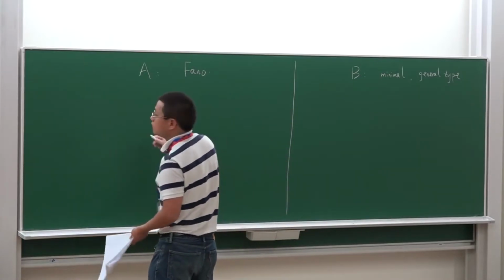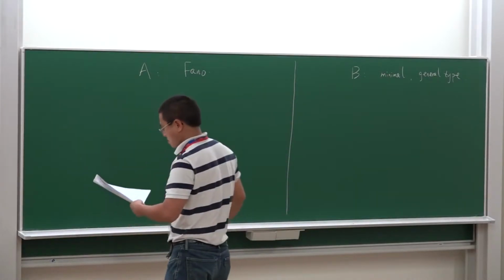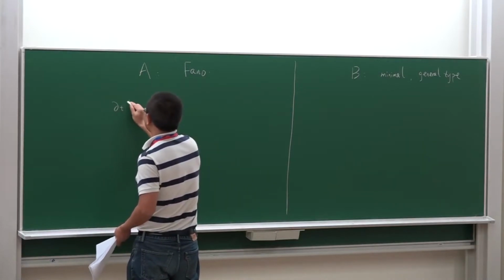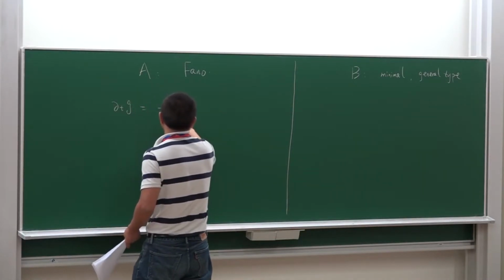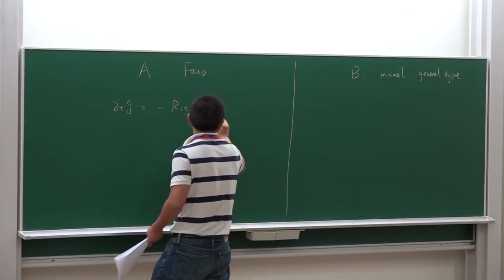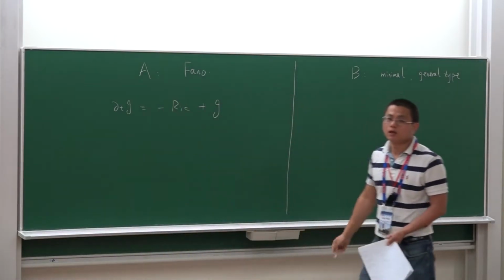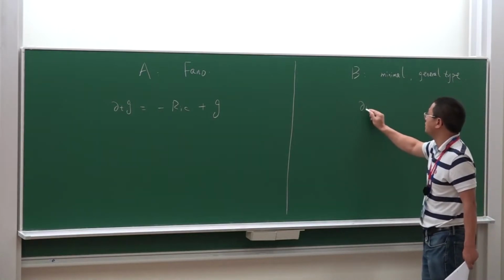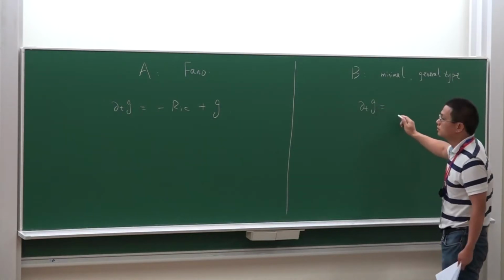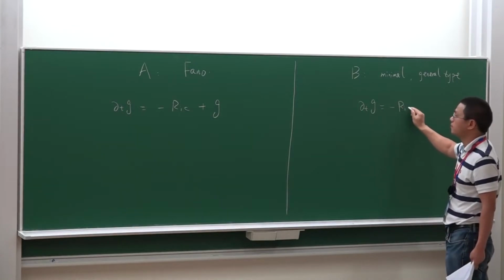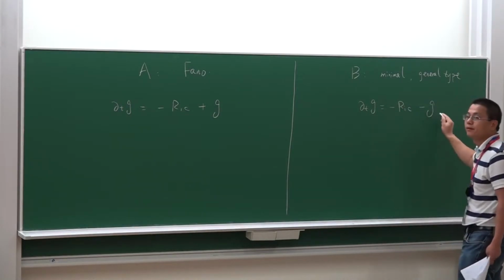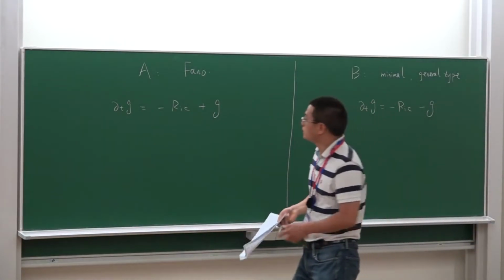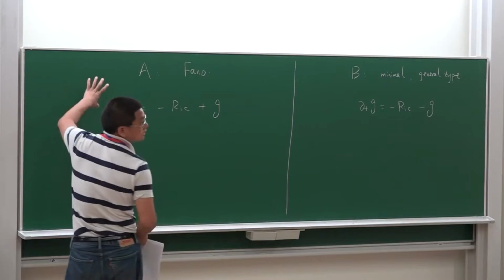The first equation will be the flow equation ddt of g equals negative Ricci plus g. The second equation in this case is ddt of g equals negative Ricci minus g. Okay, so this is the equation of the metric tensor.